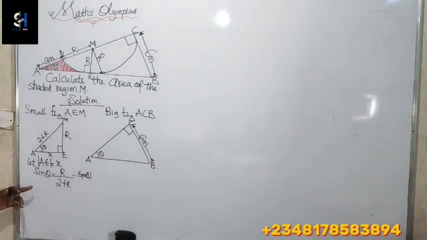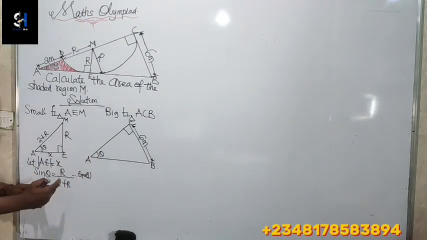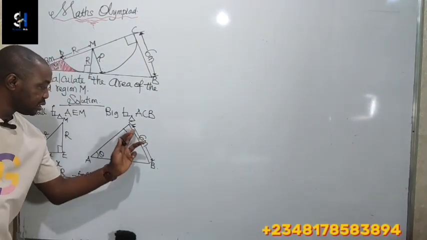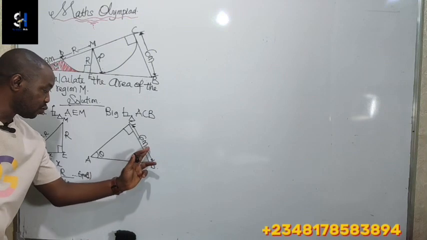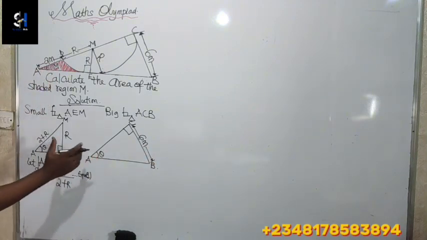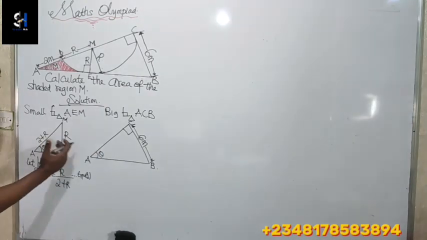The side opposite the given angle is what we call opposite. So this leg of the right triangle is opposite this angle.